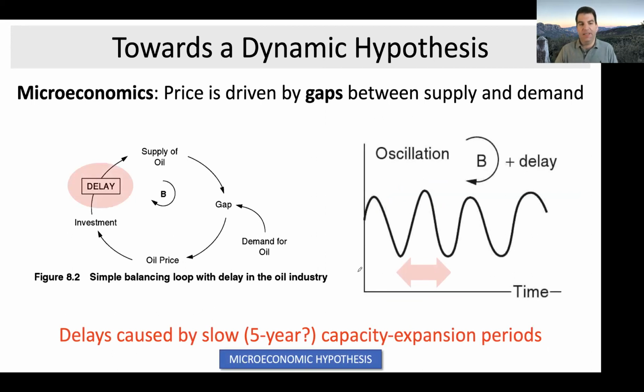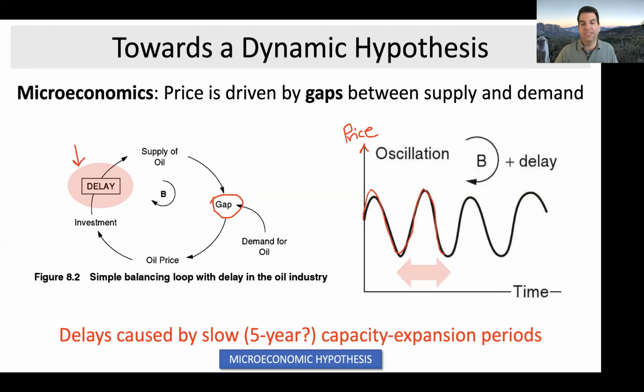And the microeconomic hypothesis here is that you will get natural oscillations in price, and so I could call this price over time, that are just due to the fact that you are going to periodically get gaps between supply and demand, and those gaps are going to take time to resolve. And that is going to lead to overcompensation. And that overcompensation is what drives these oscillations.